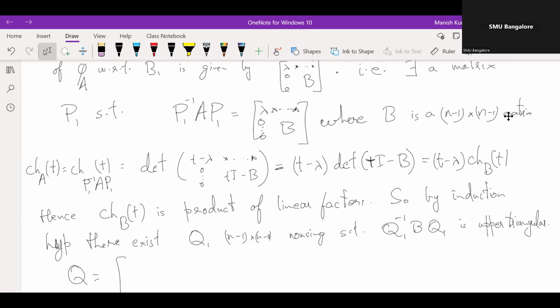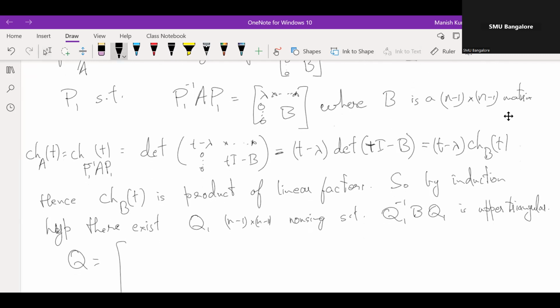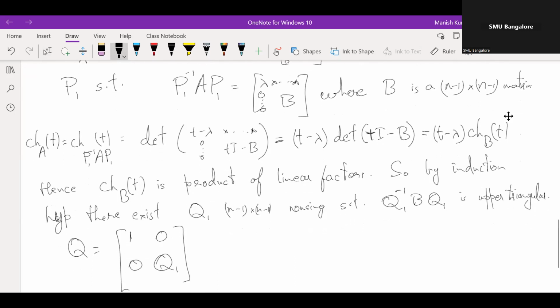We want to have Q1 in this block, and here it should be 1, since we don't want to do anything there. We want Q1 here, and put zeros elsewhere: a 1 with the rest zeros in the first row, and a 1 with the rest zeros in the first column. So we take Q to be this. Now maybe this will work.